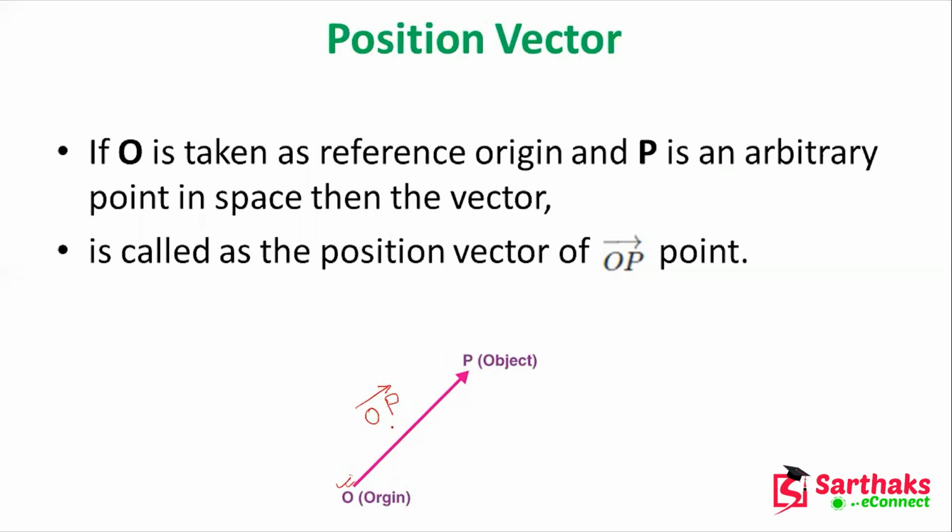It originates from O and goes up to P, where P is an arbitrary point in space. Then this vector is called the position vector.